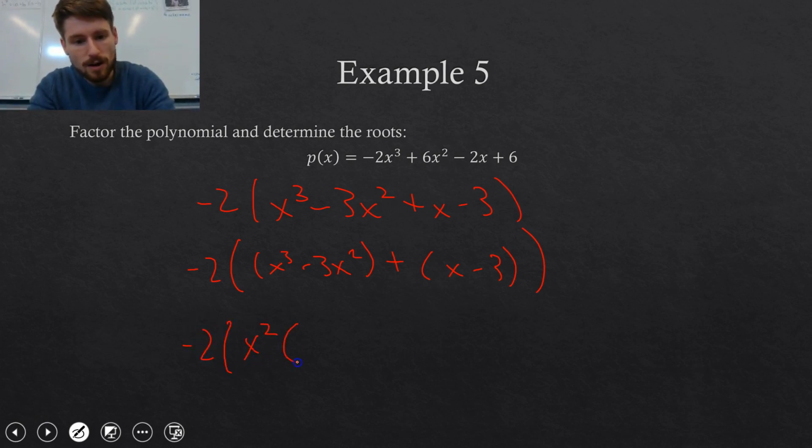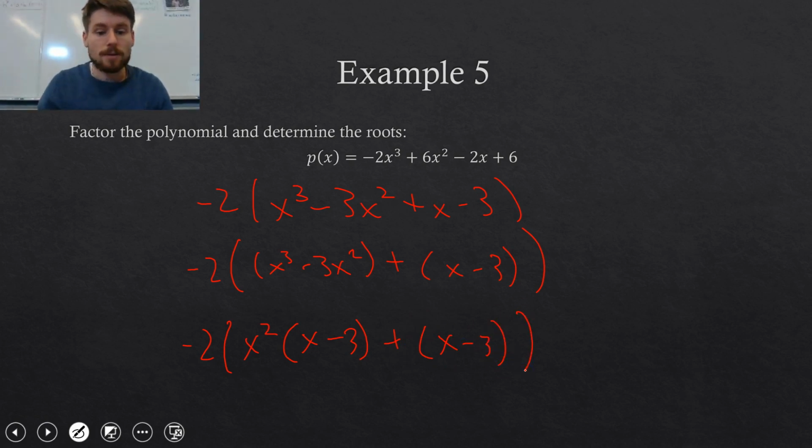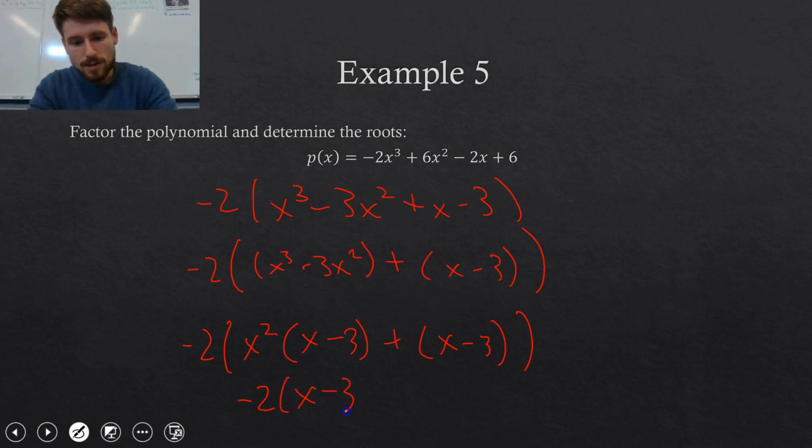So we have x squared, and then we've got x minus 3 left, plus x minus 3. Now there's no greatest common factor for that, so we don't have anything to factor out. Okay, so what's common here? Well, we have x minus 3 and x minus 3, so we're going to pull that x minus 3 out. That gives us negative 2, x minus 3, and then x squared plus 1.